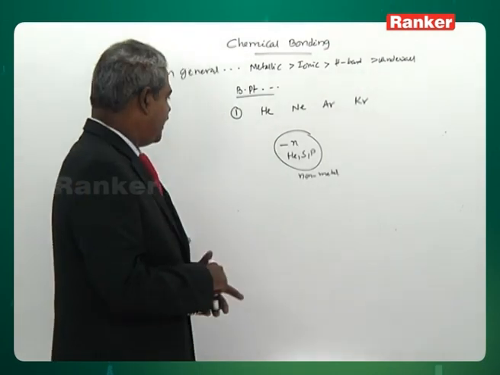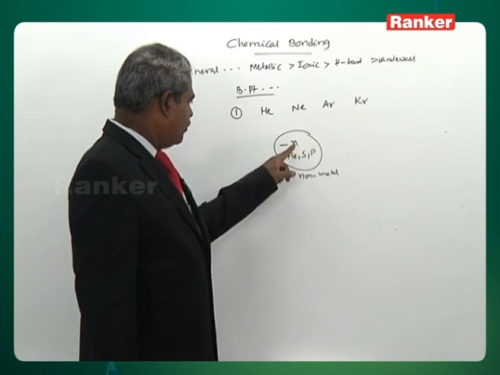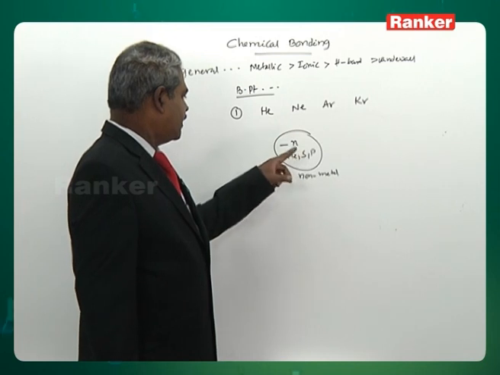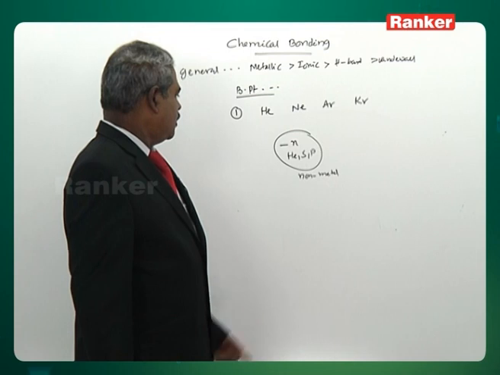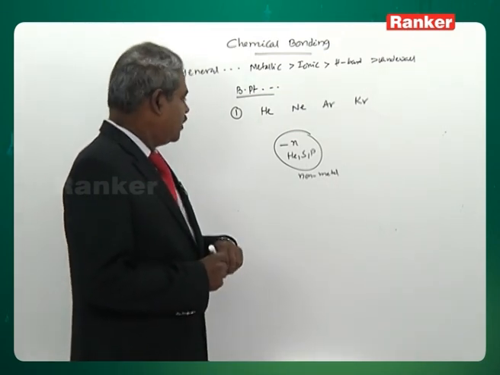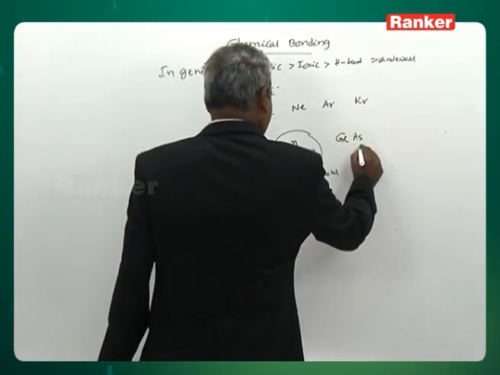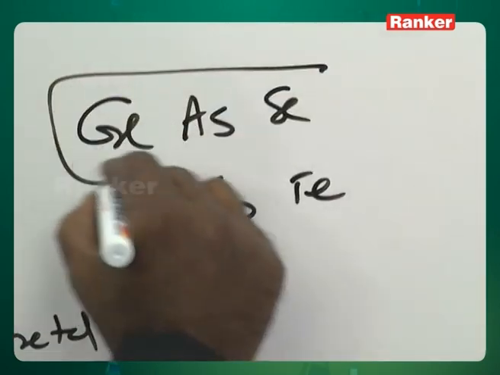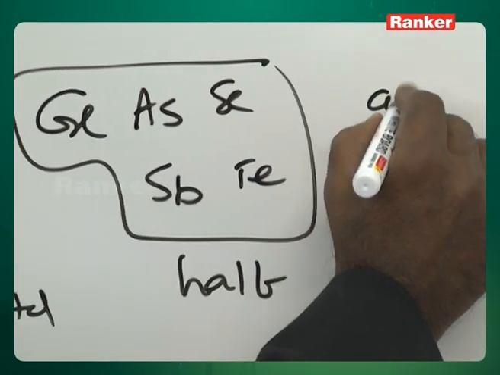Like fluorine, chlorine, bromine, iodine, oxygen, sulfur. Nitrogen, phosphorus, boron, carbon, silicon. Germanium, arsenic, antimony, selenium, tellurium are half metals, and all others are metals.